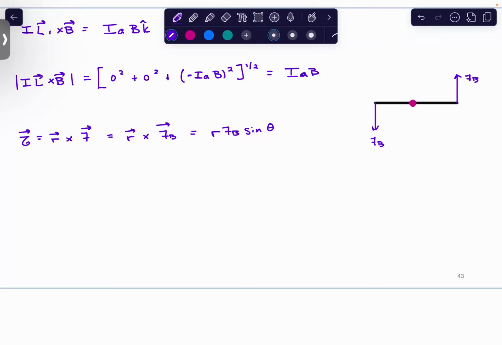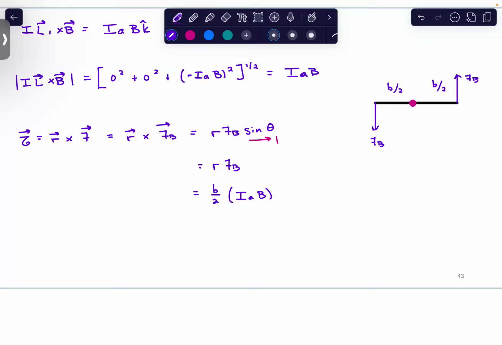So each one of these is B over 2. So that's going to be the sine of 90 degrees, so that goes to 1. And we get R F B, or B over 2 I A B.